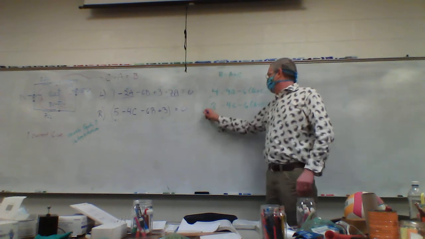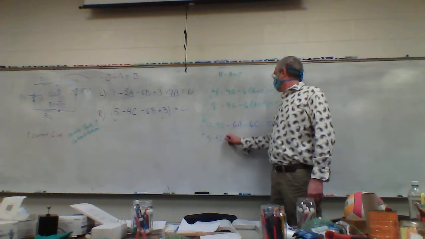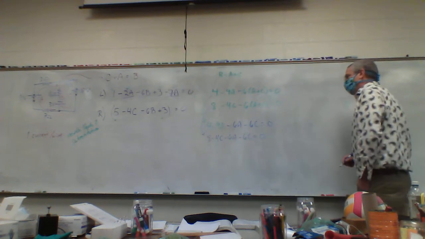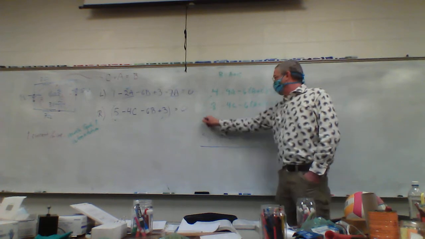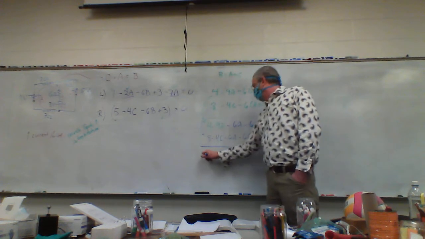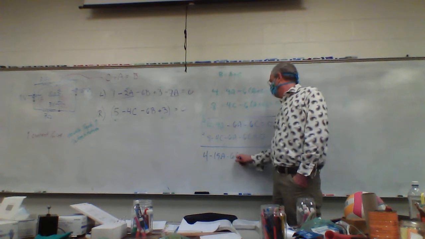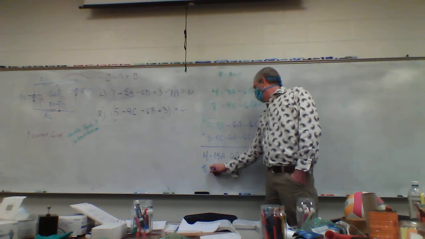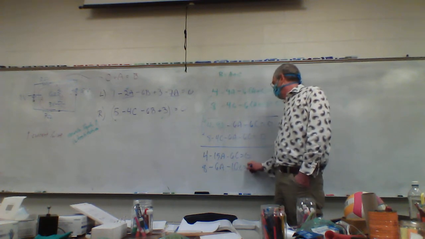A second equation here, 8 minus 4c minus 6a minus 6c equals 0. Simplifying, I got 4 minus 15a minus 6c equals 0. And then 8 minus 6A minus 10C equals 0.